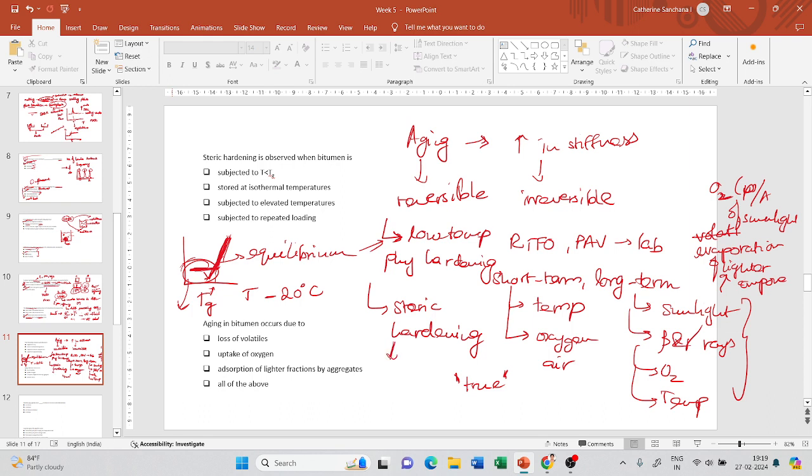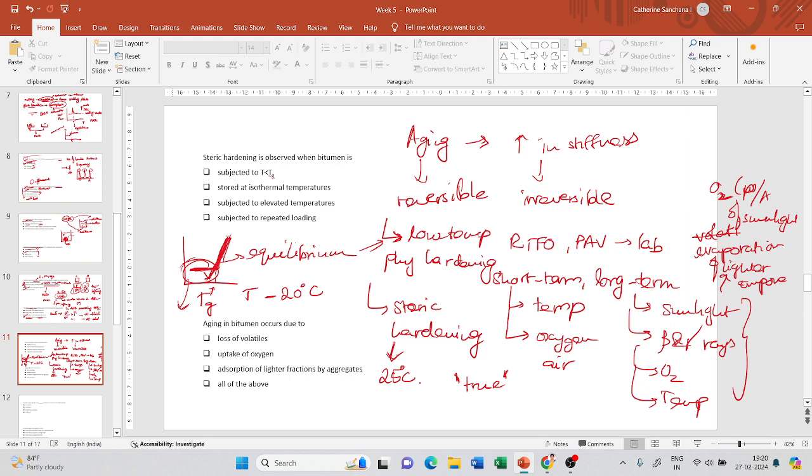This need not occur at low temperatures like minus 20, but even at room temperatures, let us say ambient temperatures of say 25 degrees Celsius, where the bitumen is stored. You basically will not be expecting the material to show changes in behavior day by day, right?